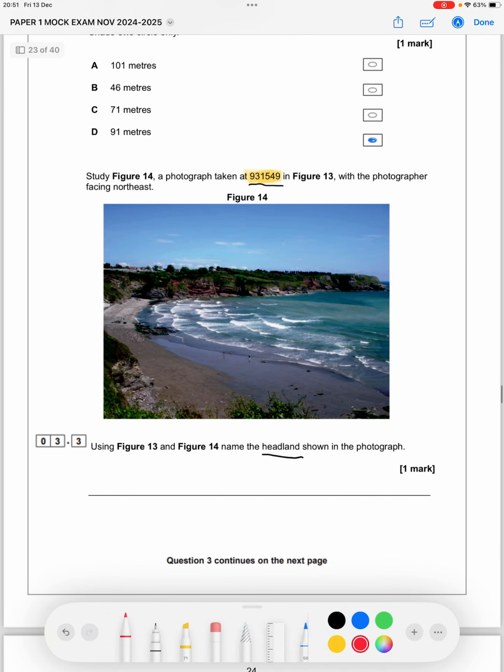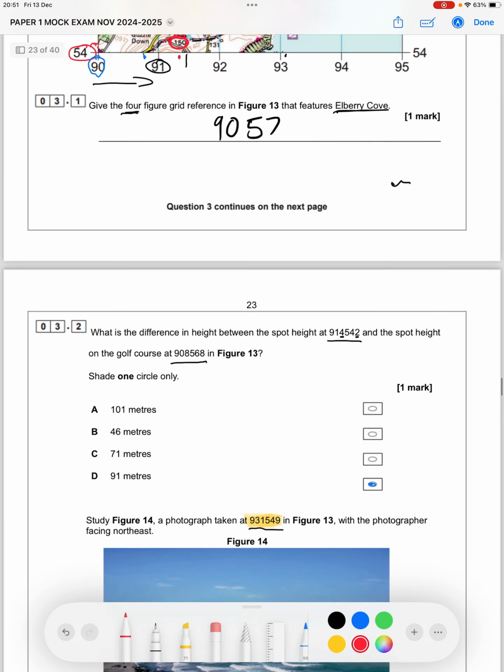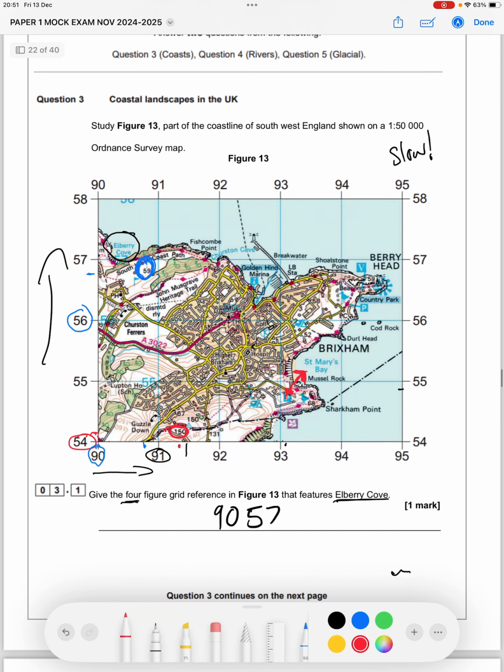It's asking for the headland. Well, in geography, headlands are normally known on a map as heads, or they can be known as points. Okay, so if we have a look up here, you can see a few round here. So if I just highlight them, you can see a few round here.